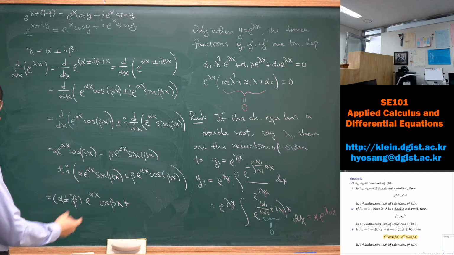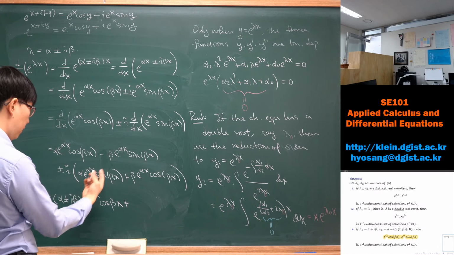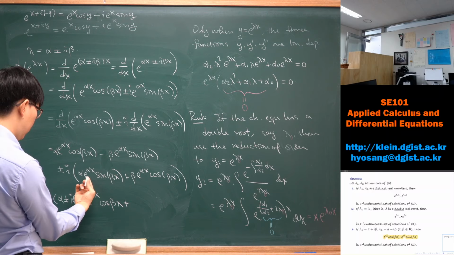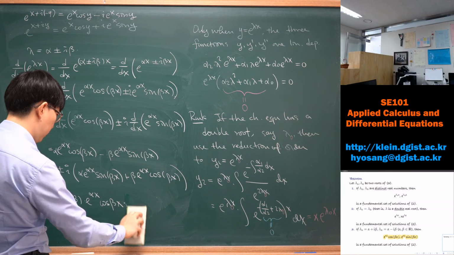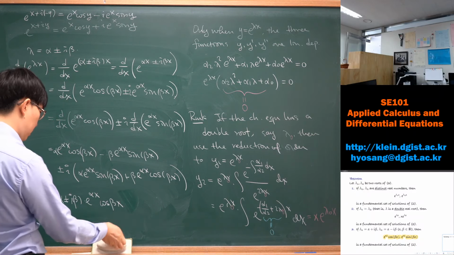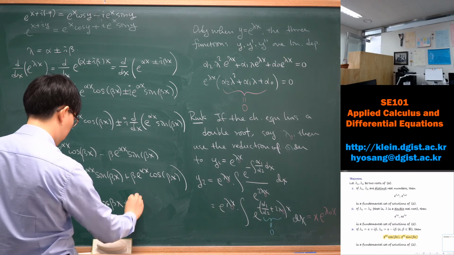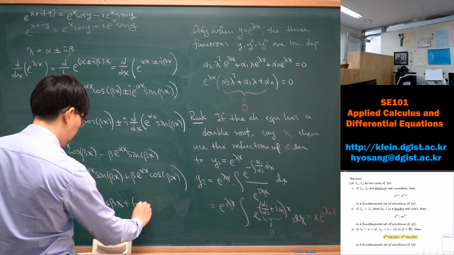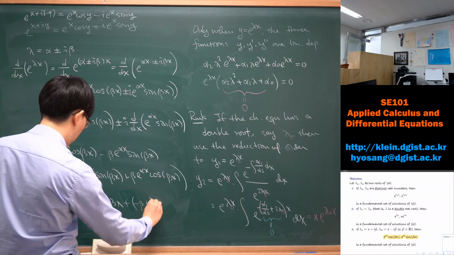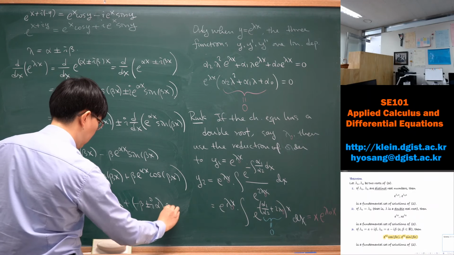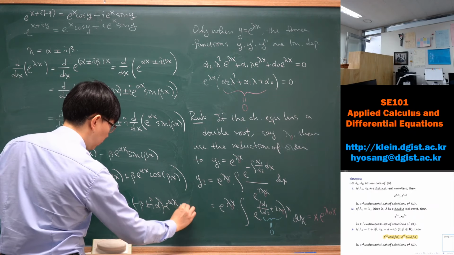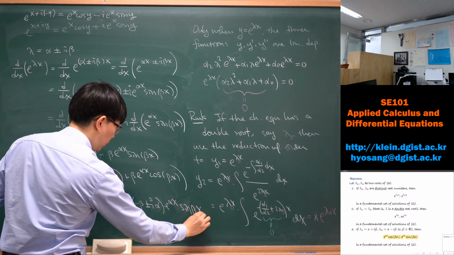And now, how about sine? Sine comes from minus beta plus minus I alpha, e to the alpha x sine beta x.